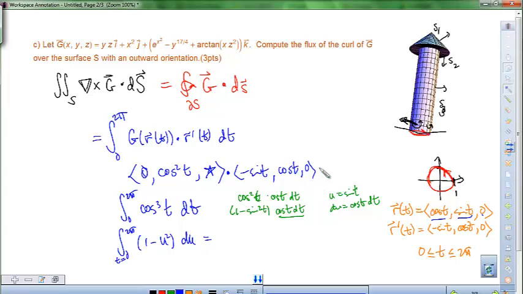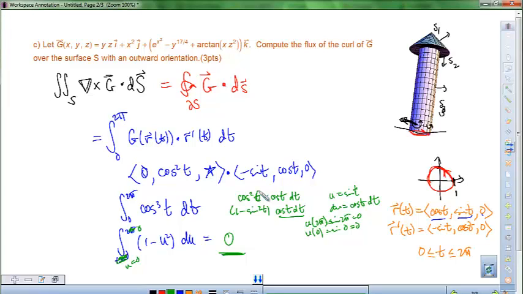If u is equal to sine t, our limits are going to be u of 2 pi, which is sine of 2 pi, equal to 0, and u evaluated at 0 is sine of 0, which is also 0. So with the u limits, u is going to go from 0 to 0, then we can just be done here and say that the integral is going to be 0.